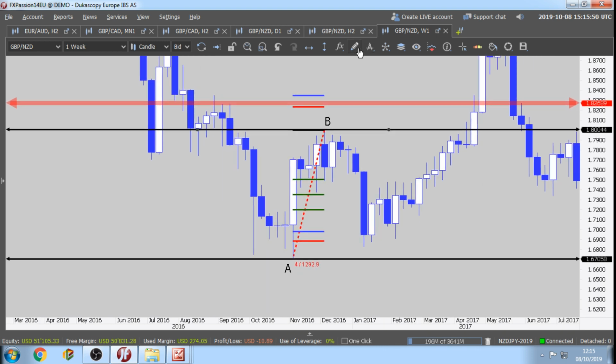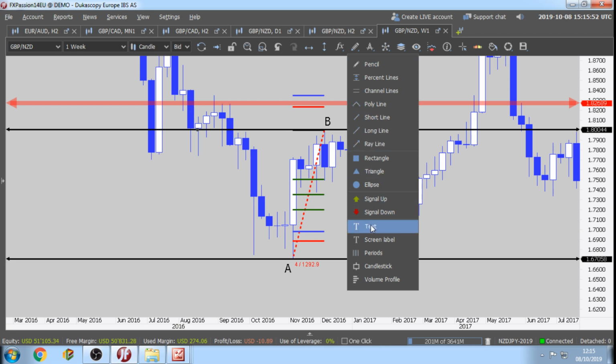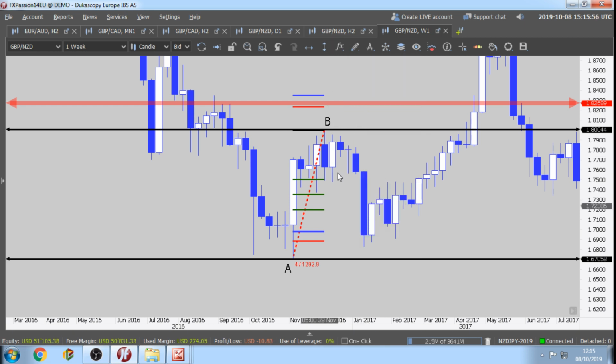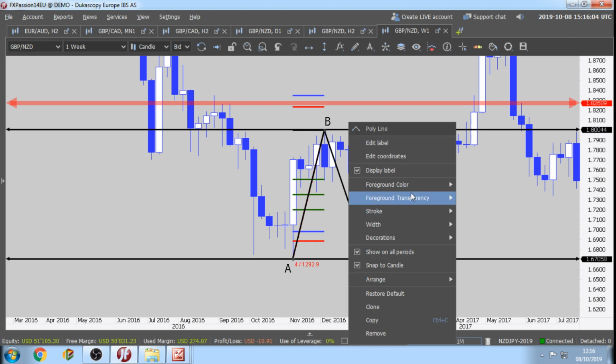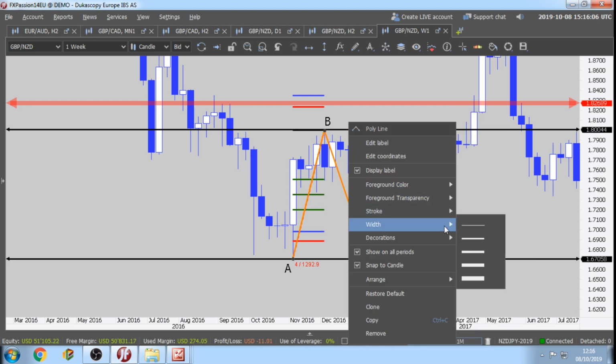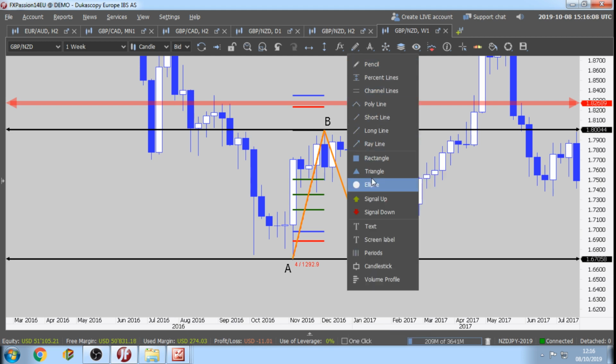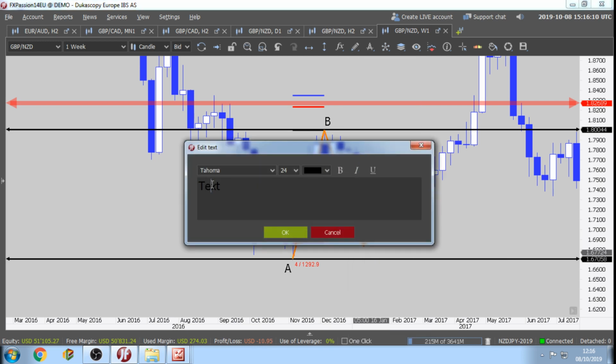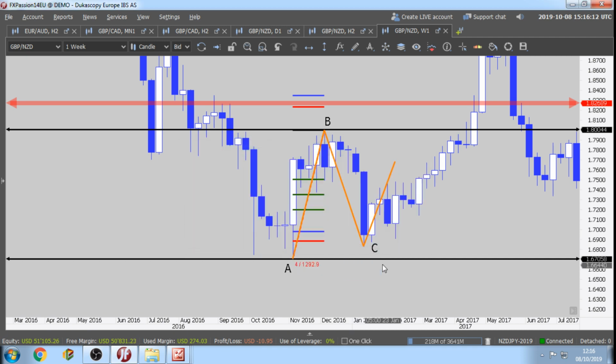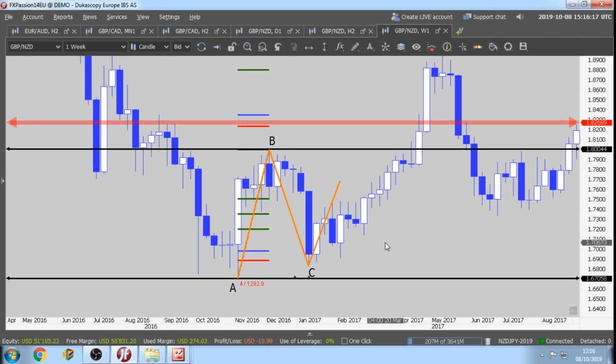What is the C? The C is the lowest point inside the AB boundary, not necessarily a low, before the market hits the appropriate extension, right? So orange today. So this is our C in an uptrend. There you go, this is our C. And if red goes to red, everybody, where is our D extension?